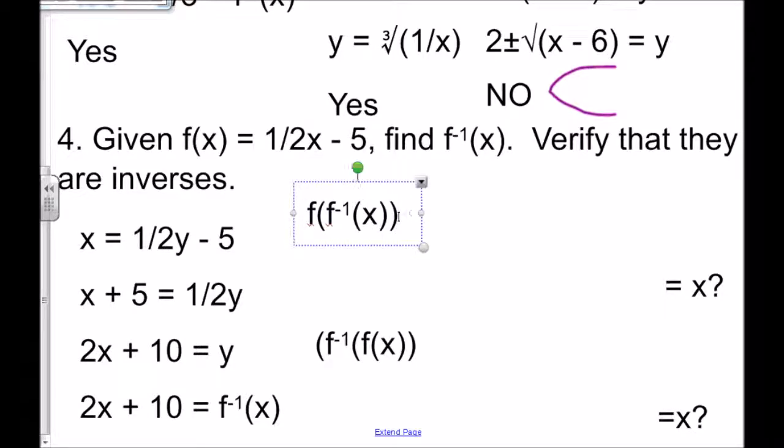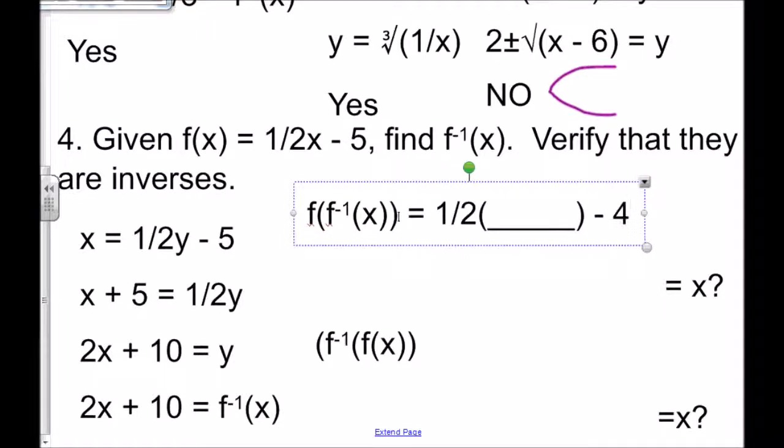Remember to do your composition. You write your exterior function 1/2 x minus 5 with a big blank where the x is. And then in that big blank, you put your inner function, 2x plus 10.